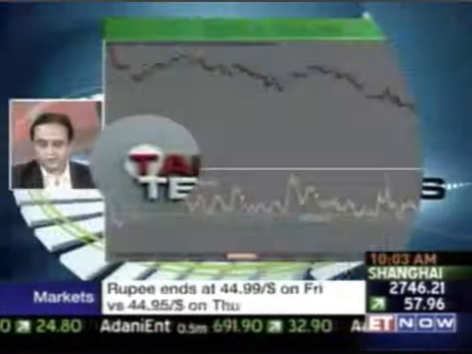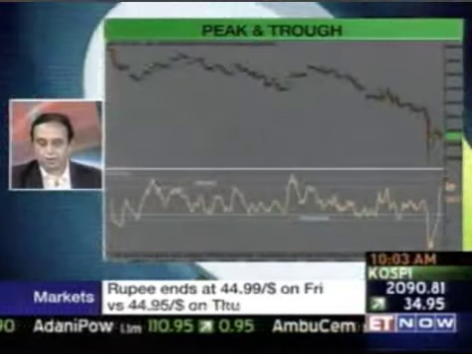Any ROC number, Doc, that people need to keep in mind? Well, in the case of momentum, it's all a direction play. The more the momentum, the more the move is likely to last. What most of the momentum indicators will do is set up a peak or a trough, which is visible here on the chart.